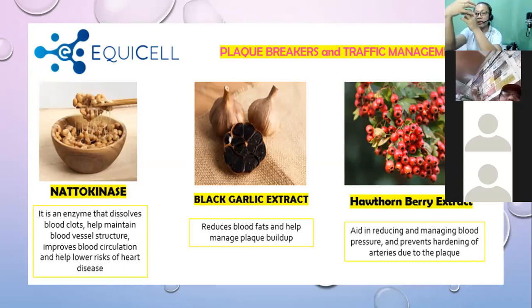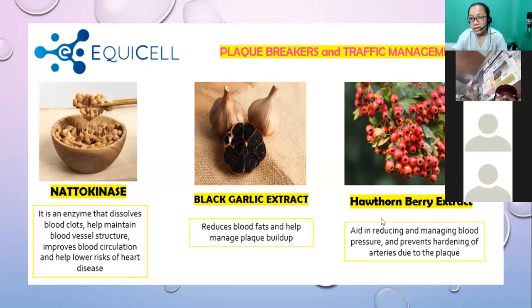To the point na nagbi-build up na sila dyan, bumibigat na to, bibigat siya ng bibigat. Okay? So, si nattokinase, habang tinutunaw niya ito, si black garlic extract naman, piniprevent niya yung pag-ano ng cholesterol. So, parang siya yung laro na, dito ka. So, pinapamove niya si cholesterol. Kaya traffic management. Para hindi mahirapan si nattokinase.